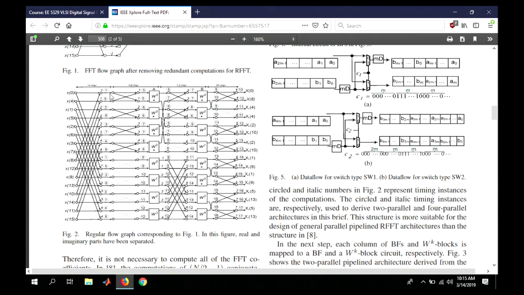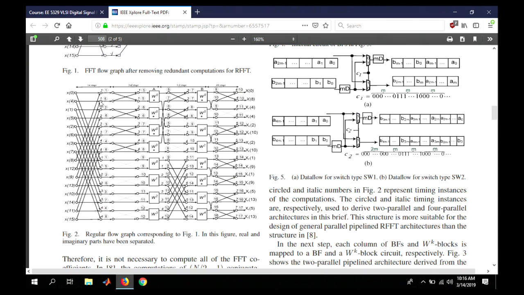Here I believe we may have assumed one stage pipelining, probably. So x0 and x8, well, it so happens that in this case the assumption is that 0 and 8 are input in clock cycle 0.